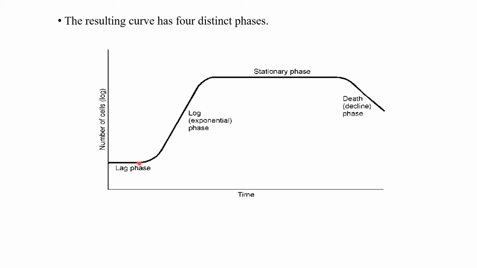After the lag phase, the organism will enter the next phase, also known as the log phase, logarithmic phase or exponential phase. After this, the organism will enter the third phase, known as the stationary phase, and after that there will be a decline in the number of cells. That phase is known as the death phase or decline phase. This figure indicates the microbial growth curve in a closed system.